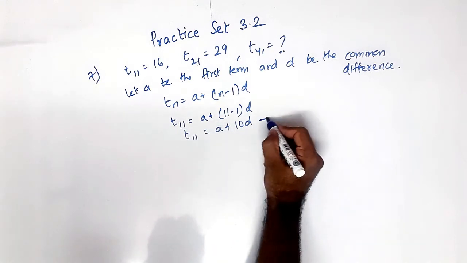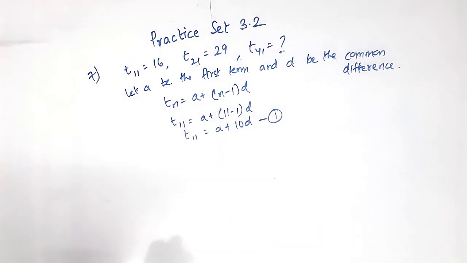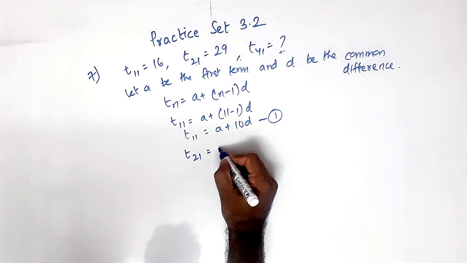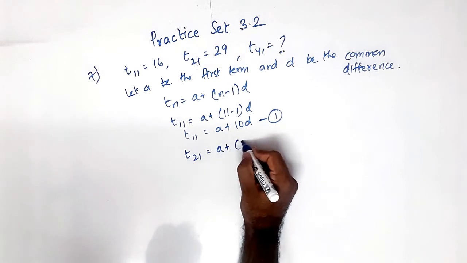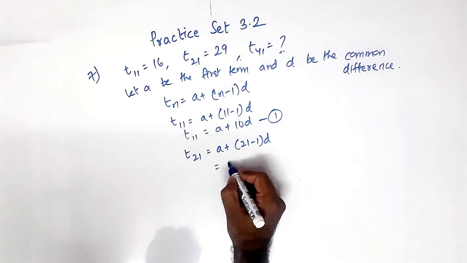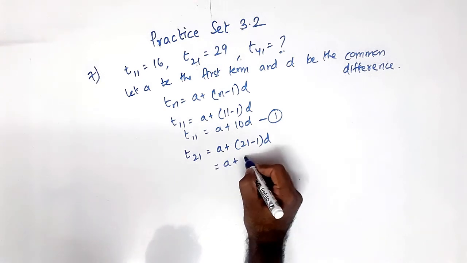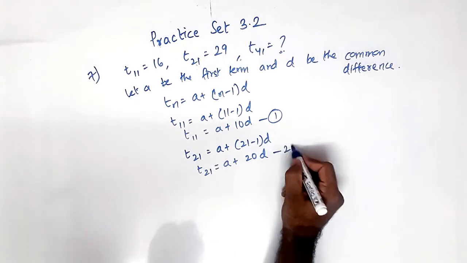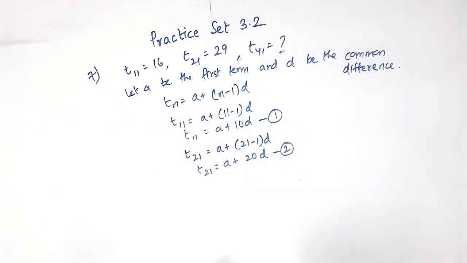T11 is a plus 10d. This is the first equation we are getting. Okay, and for T21 it will be a plus 21 minus 1 d. Okay, so it is a plus 20d. T21 is a plus 20d.